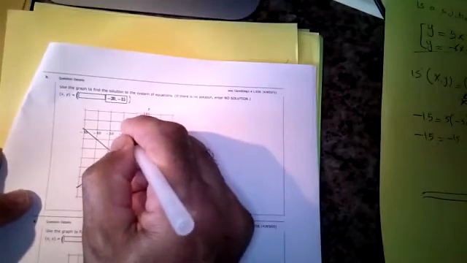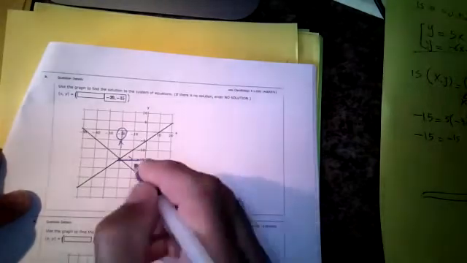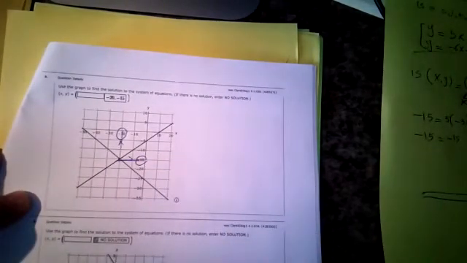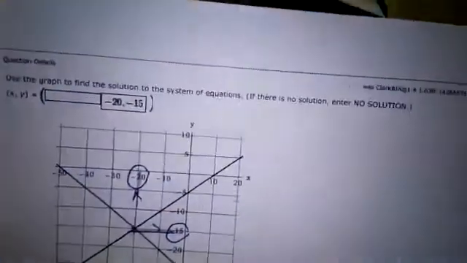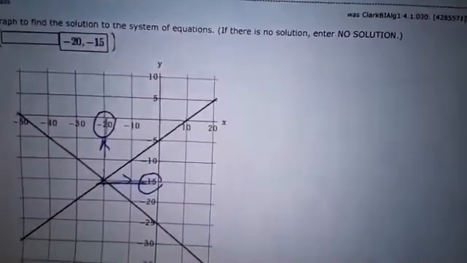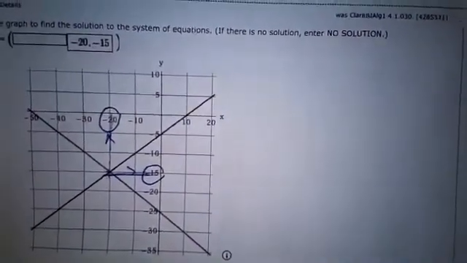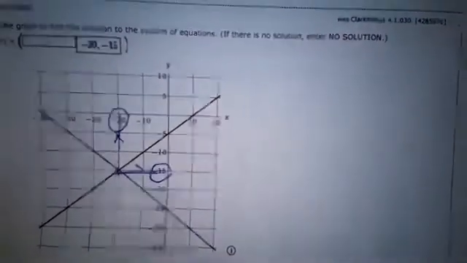It has an X and Y, okay? X is minus 20 and Y is minus 15. It may not be very clear, but you can see it here. The coordinates of the point of intersection are minus 20 and minus 15.